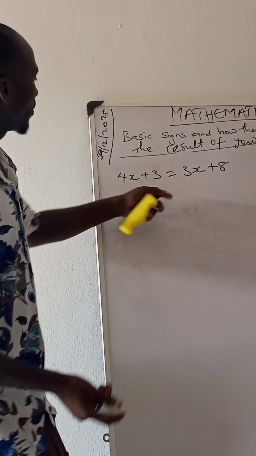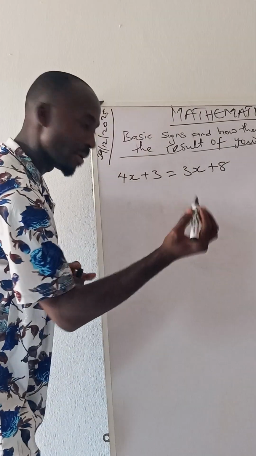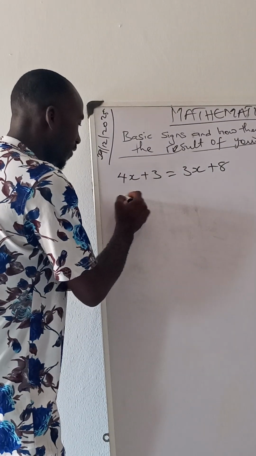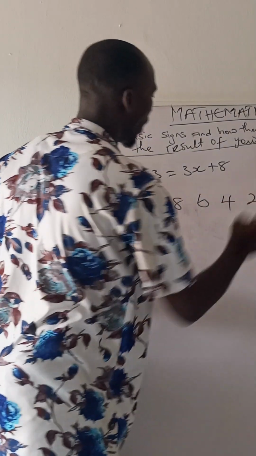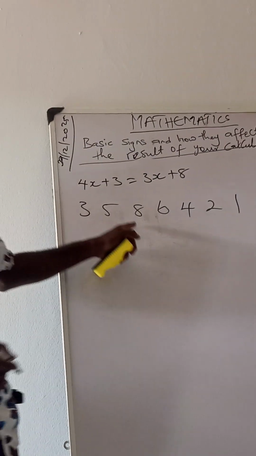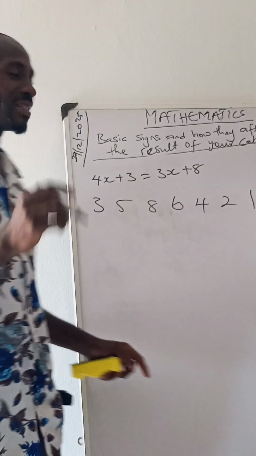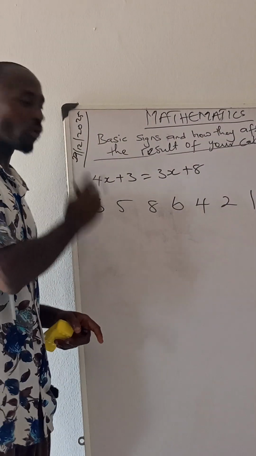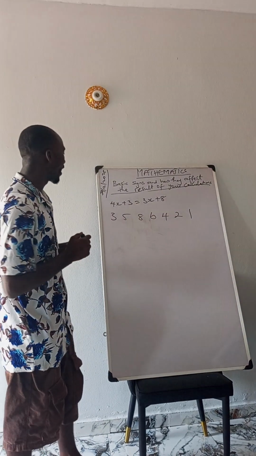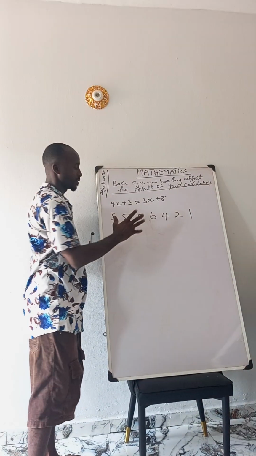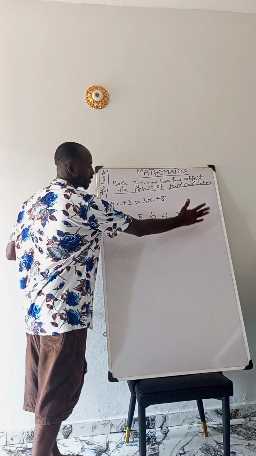Now, like I said before, let me emphasize on this. If I have 3, 5, 8, 6, 4, 2, 1, each and every one of these numbers is said to be a positive number. Every one of these numbers is standing on its own. They are all positive numbers.